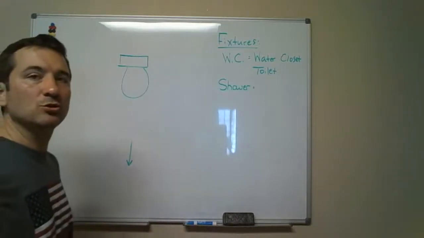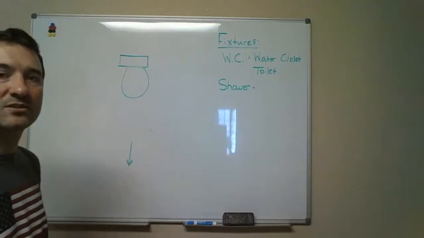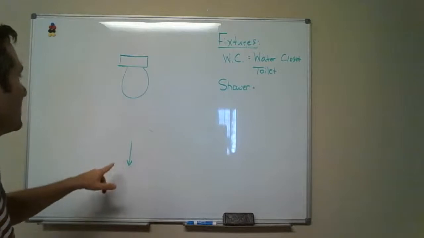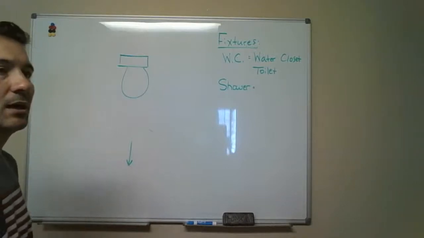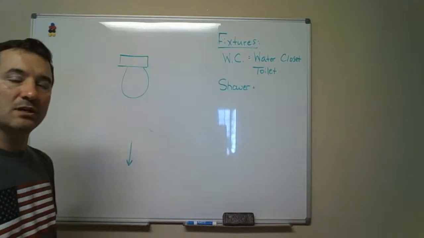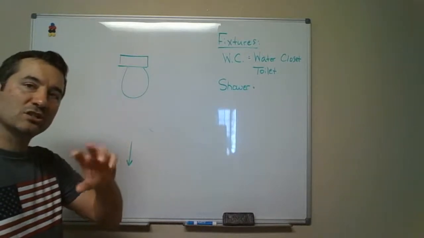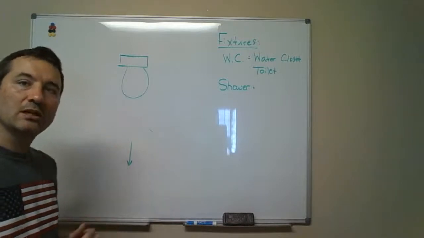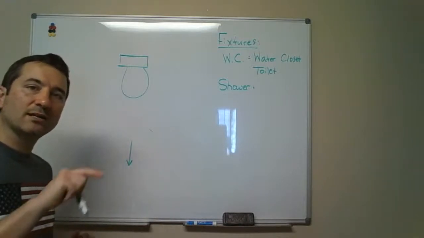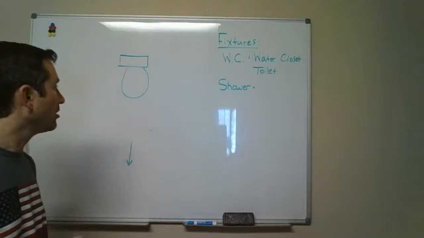When I have you do a drawing, I'm going to give you a fixture, but I'll tell you which way I want the drains heading. I may also tell you I want a clean out in the back of that pipe. A clean out is just a port where you can open up into the drainage system, take a plug out, and if there was a stoppage in the line, you would be able to send a cable down through there and clean that clog out.